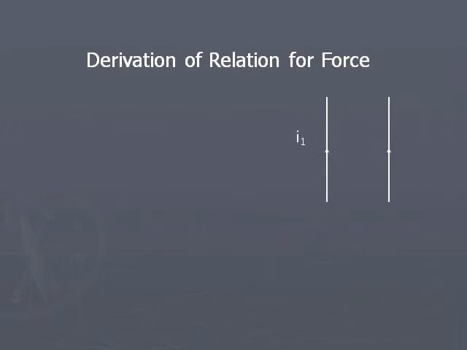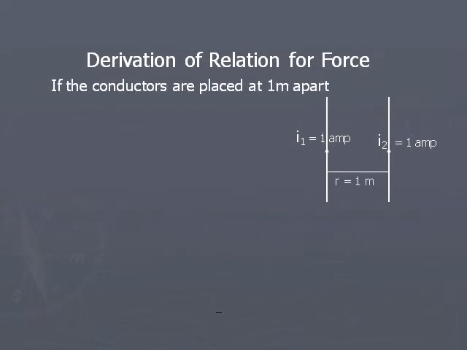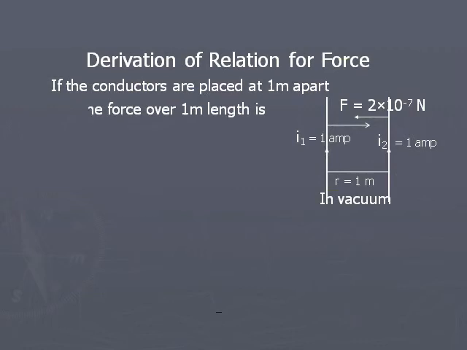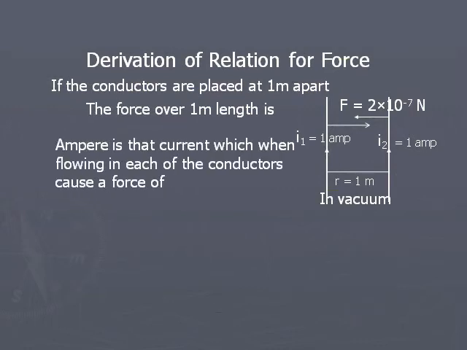We can use this relation for defining ampere. So, ampere is that constant current flowing in two straight parallel conductors placed in vacuum at a distance of 1 meter and causing the conductors to experience a force of 2 into 10 to the power of minus 7 newtons per unit length.